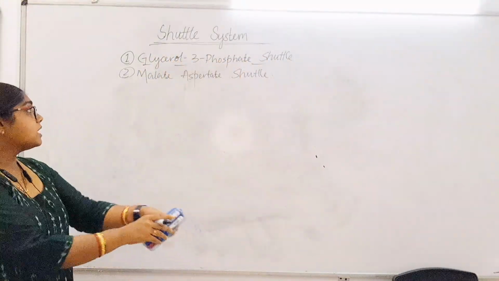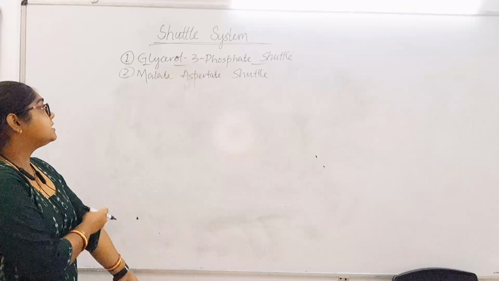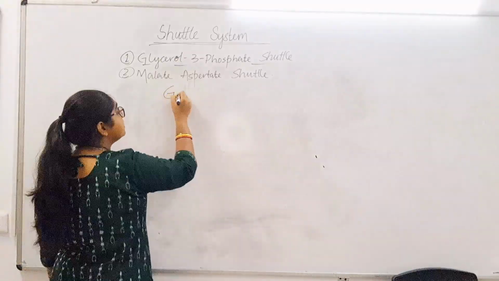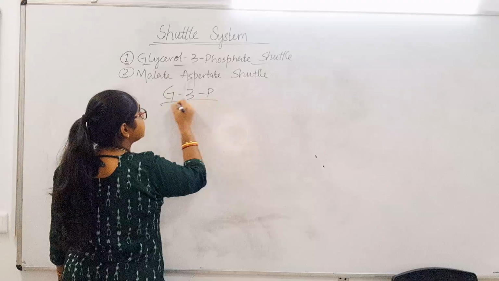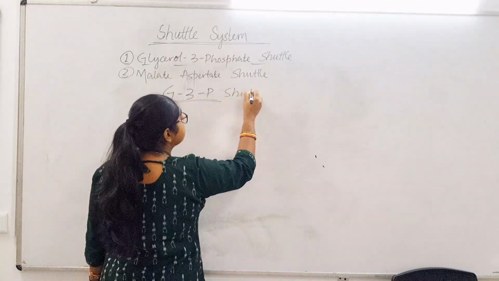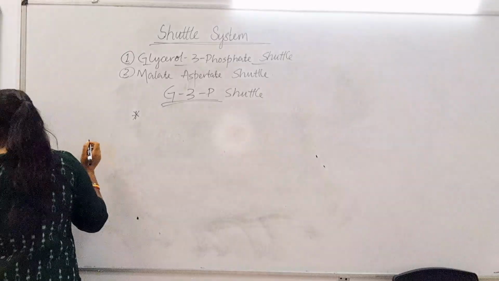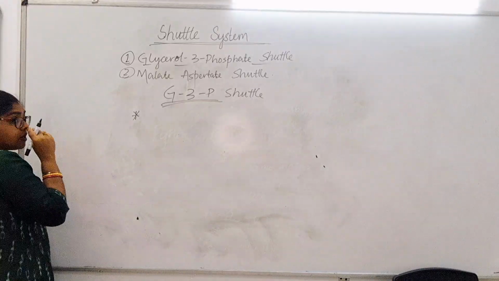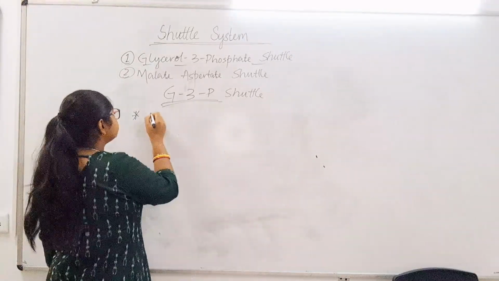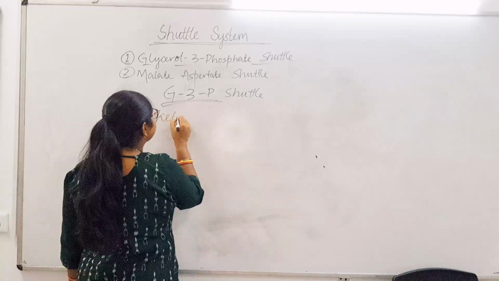Okay. So this glycerol 3-phosphate shuttle is mostly seen in the skeletal muscle cells of the body. Okay, this is predominantly found in the skeletal muscle cells.